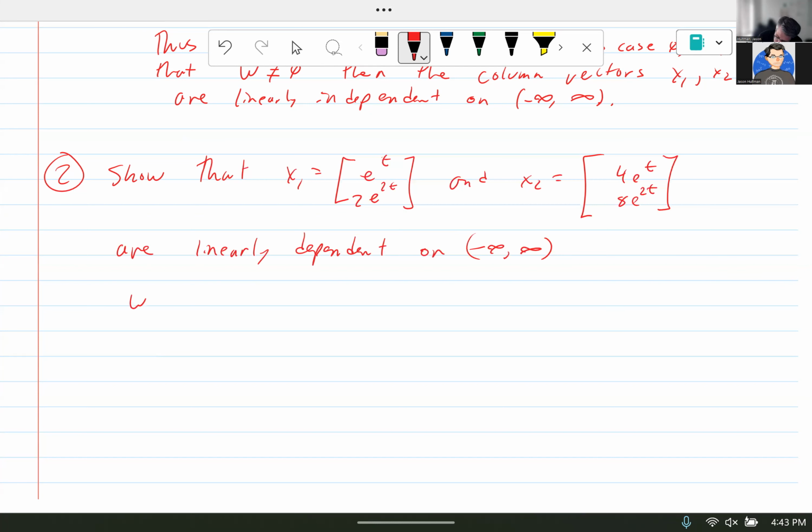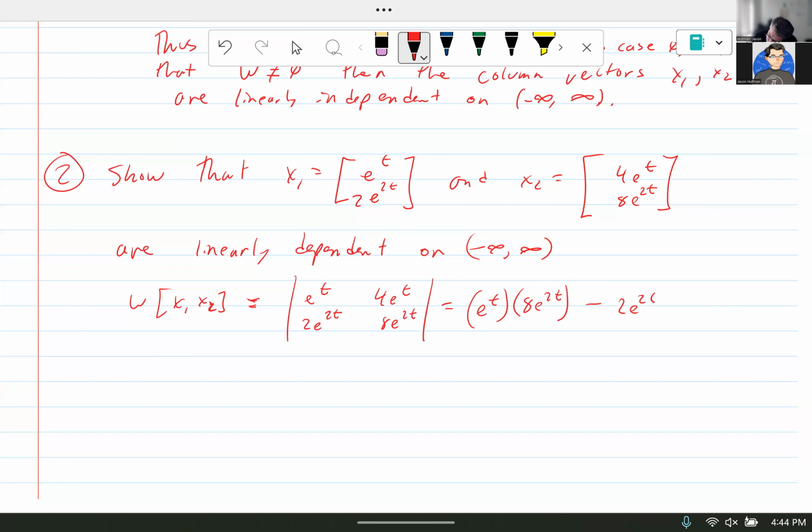Well, let's look at the Wronskian of this. The Wronskian of x1, x2 is going to be equal to the determinant of e to the t, 2e to the 2t, 4e to the t, and 8e to the 2t. This is equal to e to the t times 8e to the 2t minus 2e to the 2t times 4e to the t.